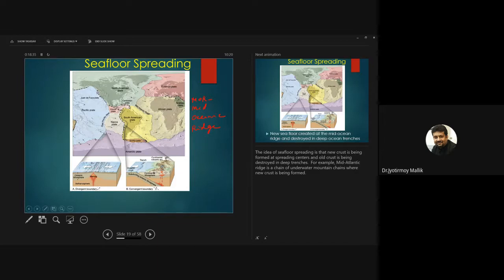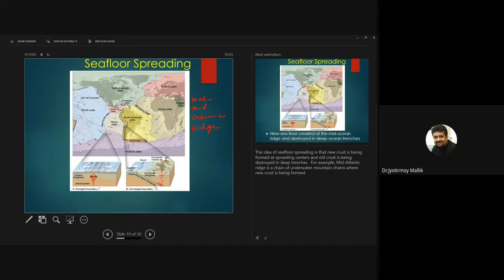Let me tell you what happens in there, and then we will discuss the different evidences, right? Such mid-oceanic ridges are also called divergent plate boundaries, because those are plate boundaries where the plates actually diverge from each other, and that is where new oceanic crust is being built.